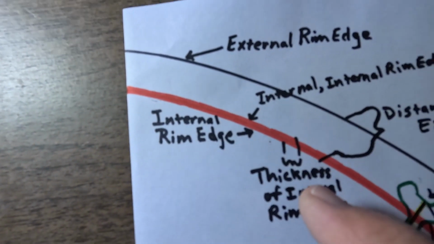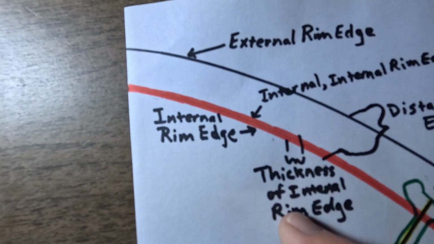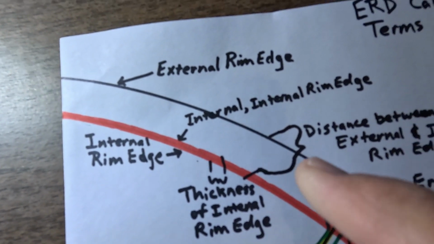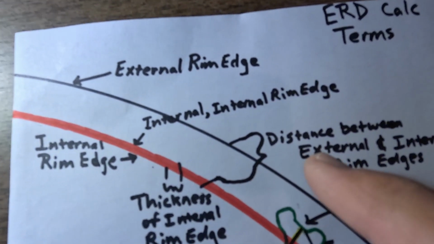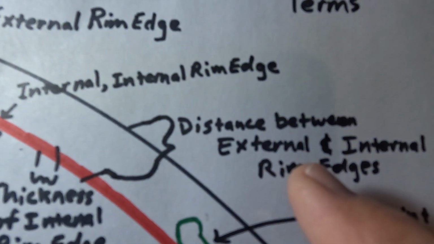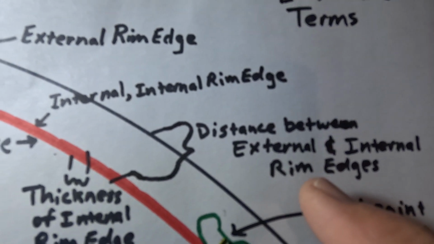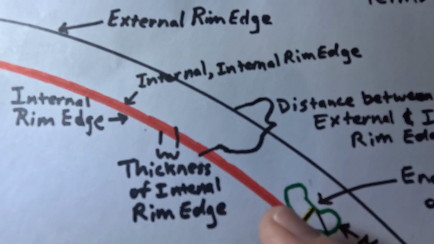One of the concepts we need to deal with is the thickness of the internal rim edge, and that's shown here. We also are going to need to determine the distance between the external and internal rim edges. So that's shown here, okay?